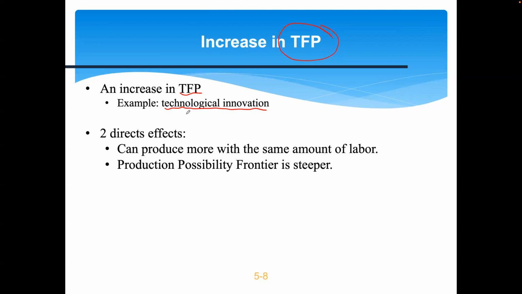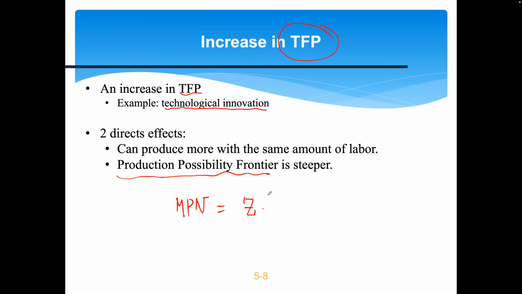An increase in TFP is going to have two effects. Effect number 1, we are going to produce more with the same amount of labor. So essentially, the curve is going to push up. And secondly, the PPF is going to get steeper. Why is it going to get steeper? Because the marginal productivity of labor equals Z times F_N.